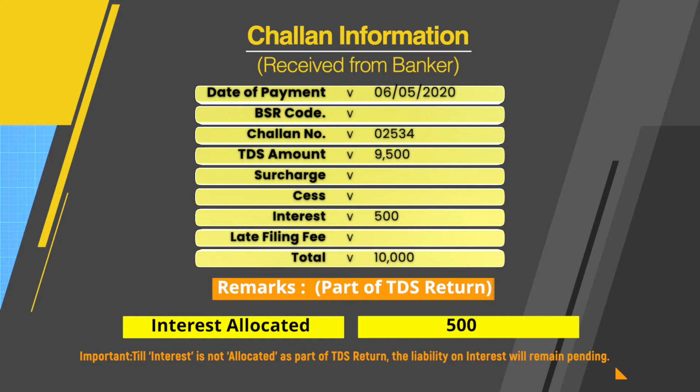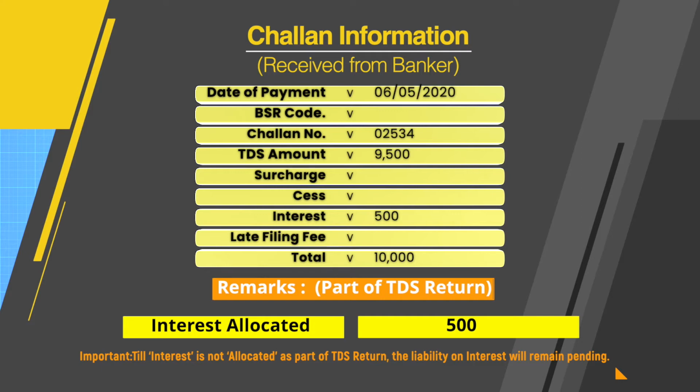The total deduction has been 9,500, and 500 rupees came in by way of interest, the sum total of all the interest for the deductees. So the transaction is complete and the payment you have made is also correct. But out of this 10,000 rupees, you need to put in the figure of what amount has been allocated for the interest.